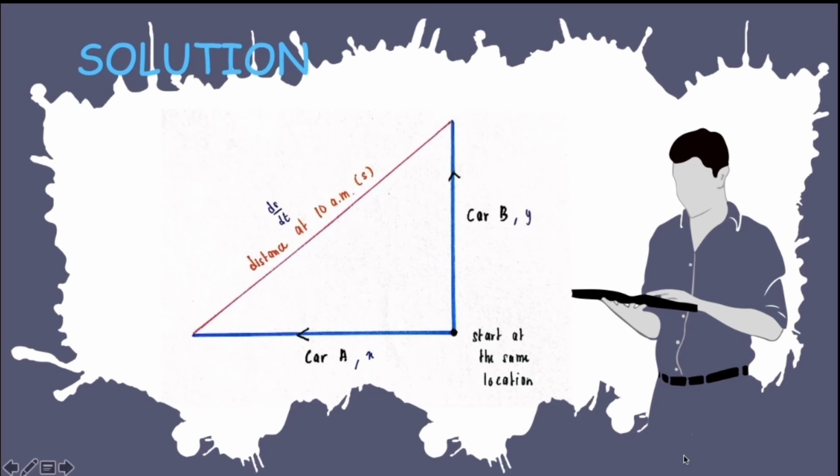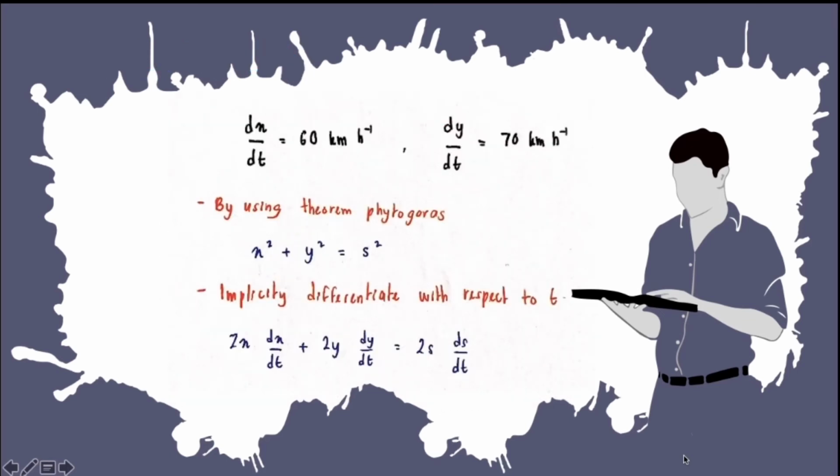Here we see the speed of car A is 60 km per hour, and car B is 70 km per hour. By using the Pythagoras theorem, x squared plus y squared equals s squared. Implicit differentiation with respect to t, by using this formula, 2x dx over dt plus 2y dy over dt equals 2s ds over dt.